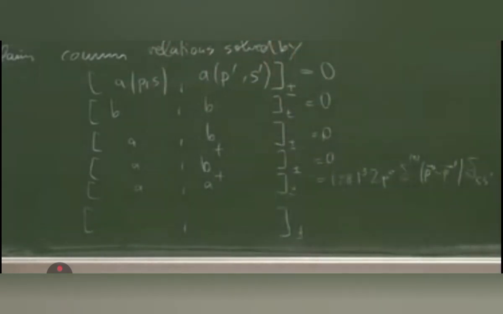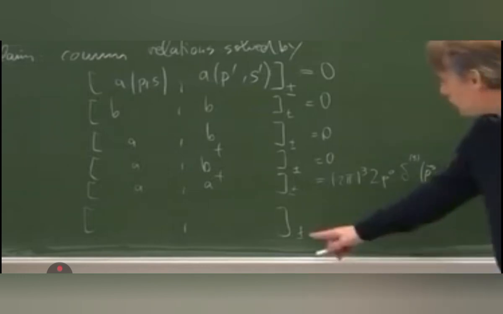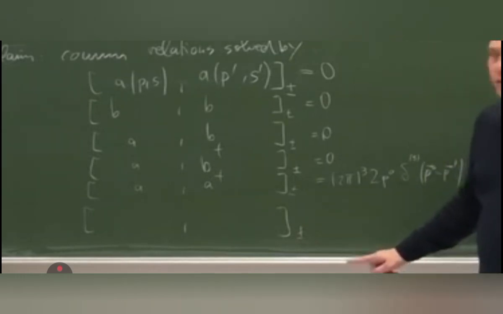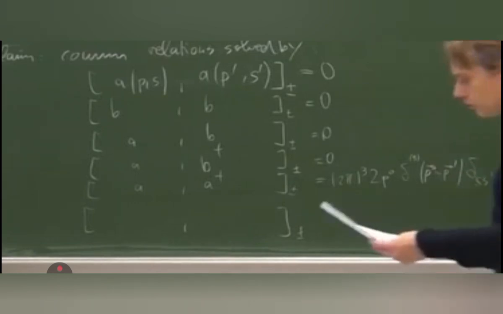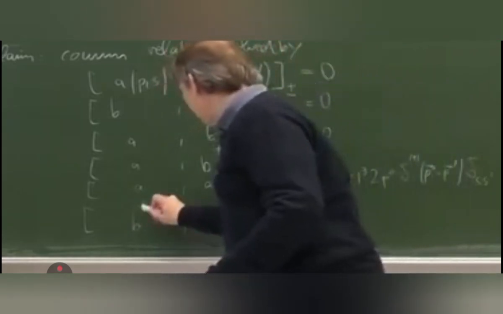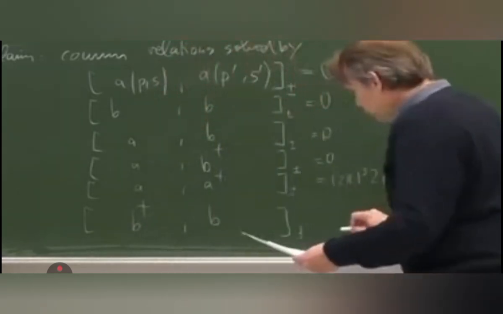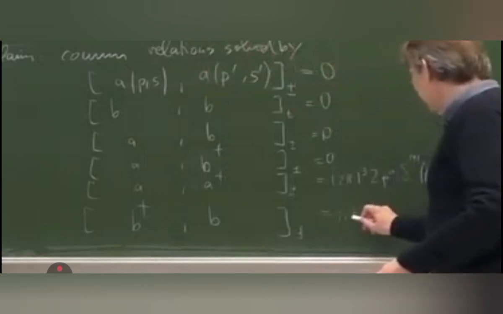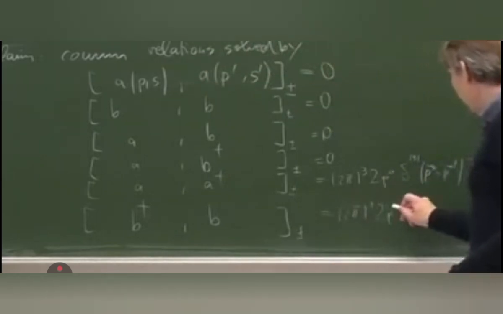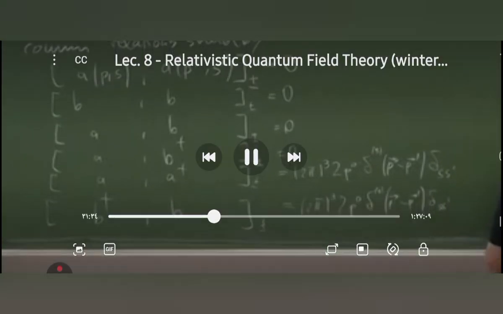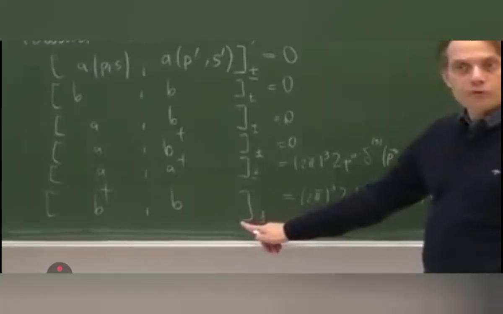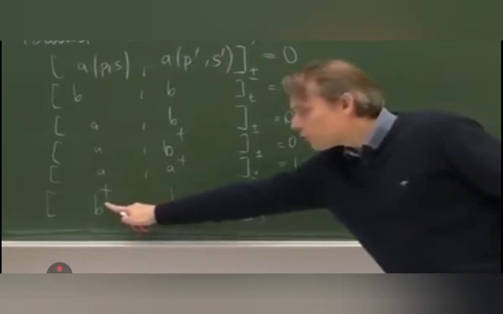And now that is partly your exercise to check this, because for the B's it depends on the statistics. What you need for the B's, in order that the psi and pi satisfy what they need to satisfy, is B dagger with B, that is the same. So it's the same. I just copy it. But you see, if you have bosons, and here the dagger is on the left, that is no misprint.